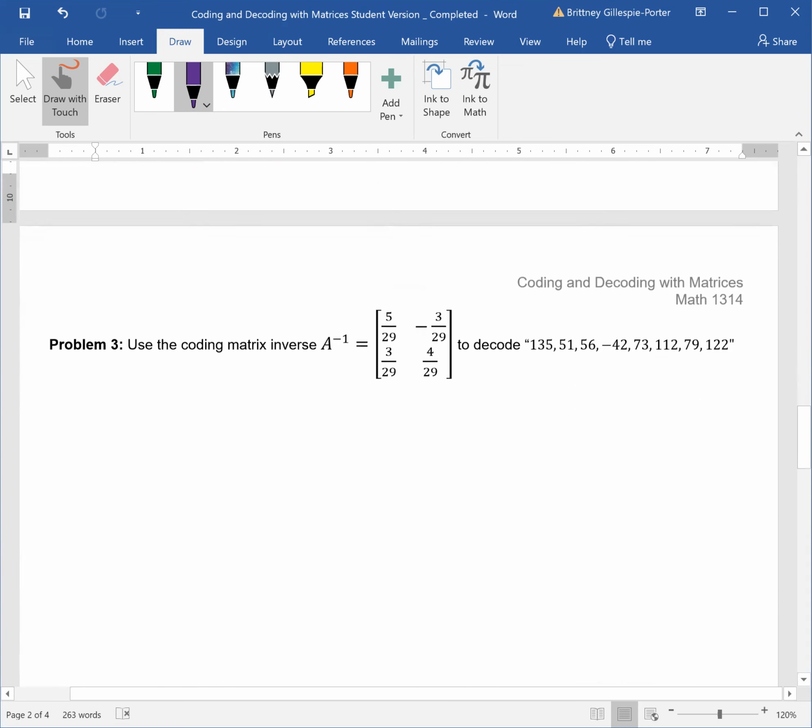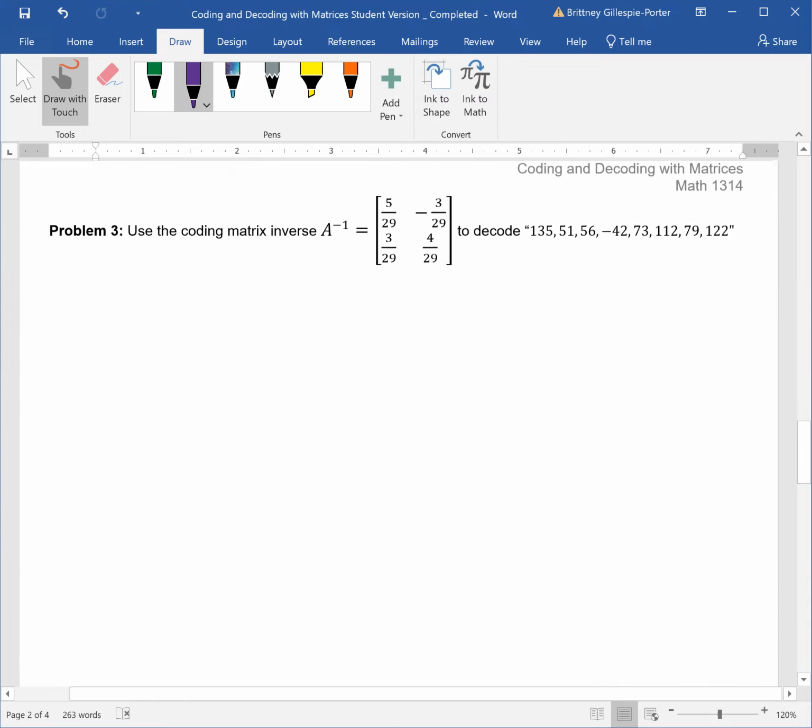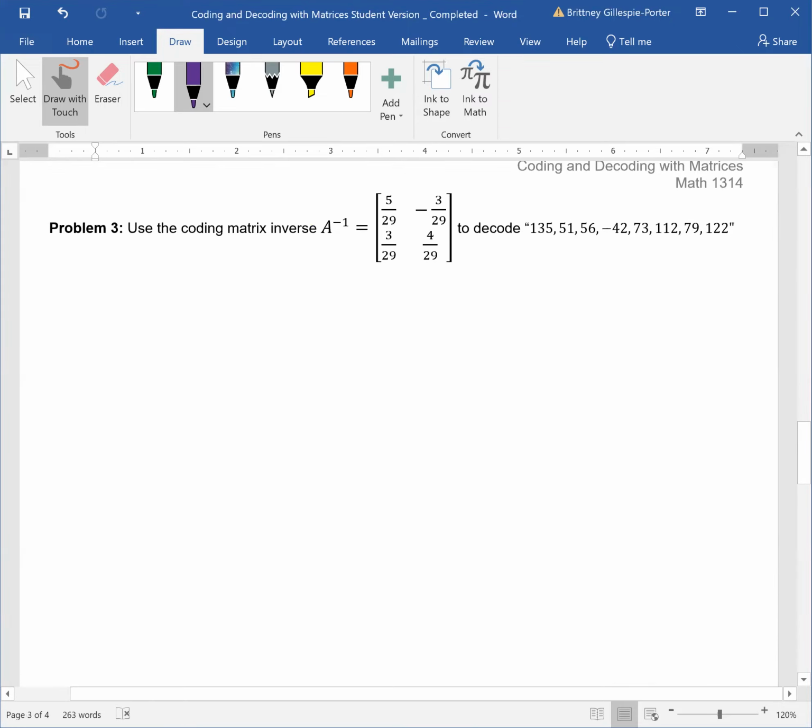Okay. All right. So first example with decoding, they say use the coding matrix inverse. So notice that here they actually gave us the inverse. That's one less step for us to do to decode this message. And that is a pretty long strand, not in terms of a message, but for us to work with doing by hand.